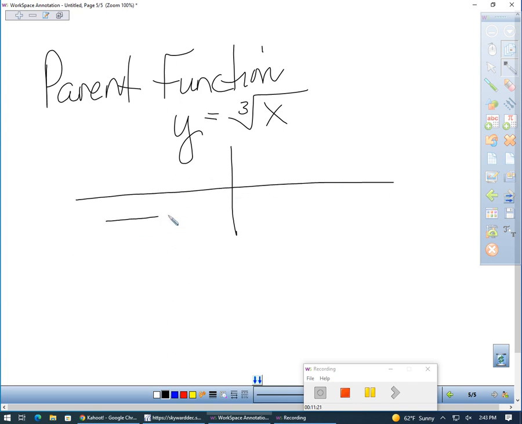So it kind of comes up, crosses through the origin, and goes up this way. All right. So if I can translate that, I'm going to take that same shape. I'm going to move it right. We're going to move it left. We're going to move it up. We're going to move it down. Or you can flip it, right?